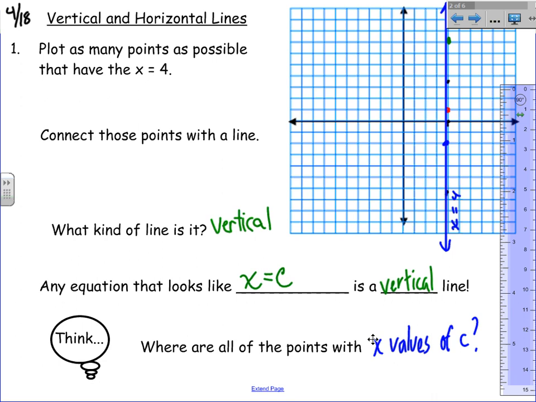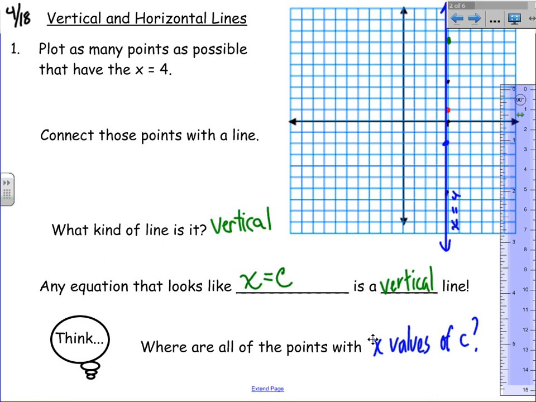And go through the exercise we just did. Find one. And then ask, where are other ones? Find other ones, and before you know it, you'll say, oh yeah, it's a vertical line. It's not a complicated thing, it's just one of those things that can be confusing. Questions?